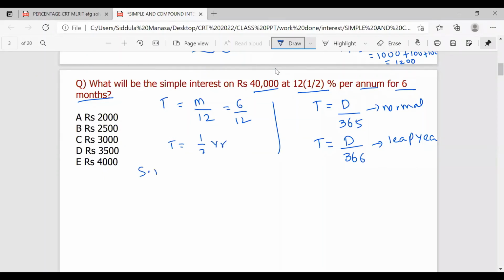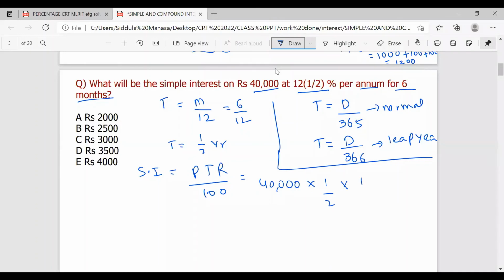So simple interest equals principal into time period into rate of interest by 100. Principal here is 40,000, into time period 1 by 2, into rate of interest 12 1 by 2, by 100.